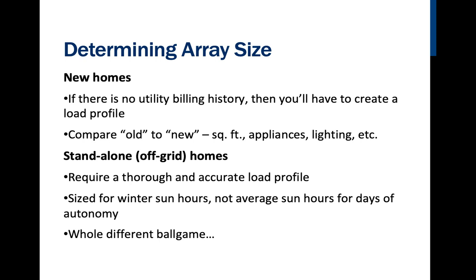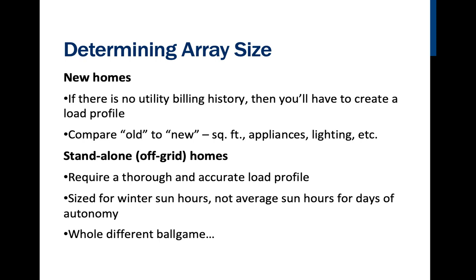So for determining an array for a new house, there's a couple of different methods. I can look at the past consumption of the home over 1, 2, 3 years. Look at that data, see if there's any trends of increasing use, decreasing use.